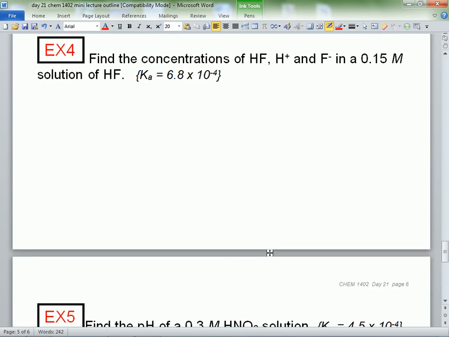In number 4, we want to find the concentration of everything. What units? Is it mole or big M? It all depends on what this one is. It has to be big M, because little m means something else: molality, in comparison to molarity.